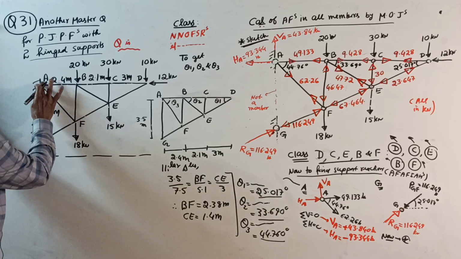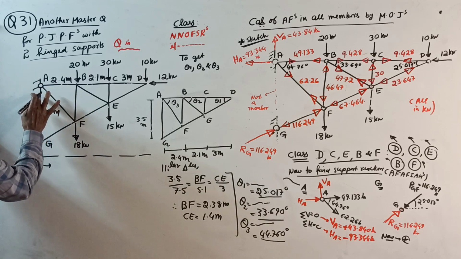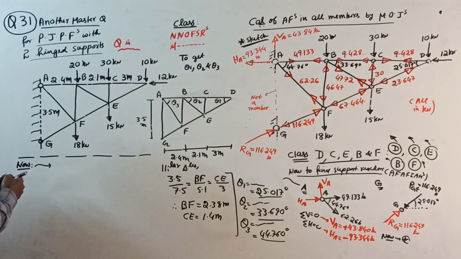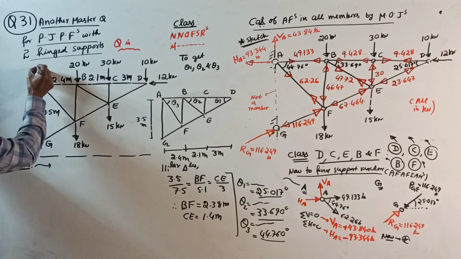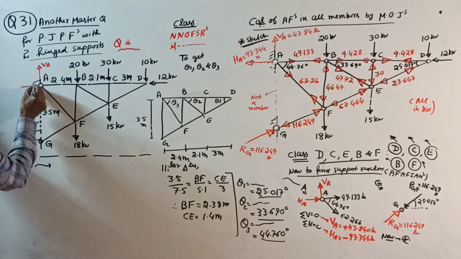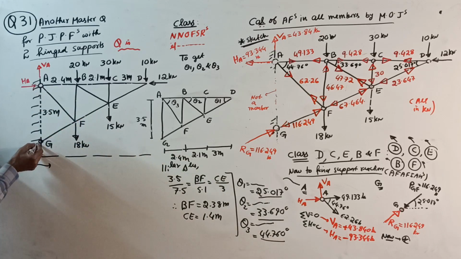Then this is not a member. Then mark the reaction here, vertical reaction VA and horizontal reaction HA. And here only one member is there, so you mark the reaction like this.